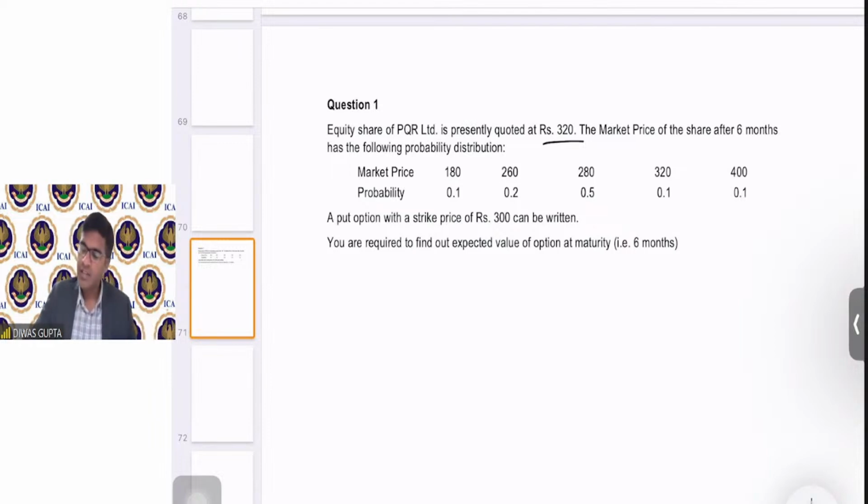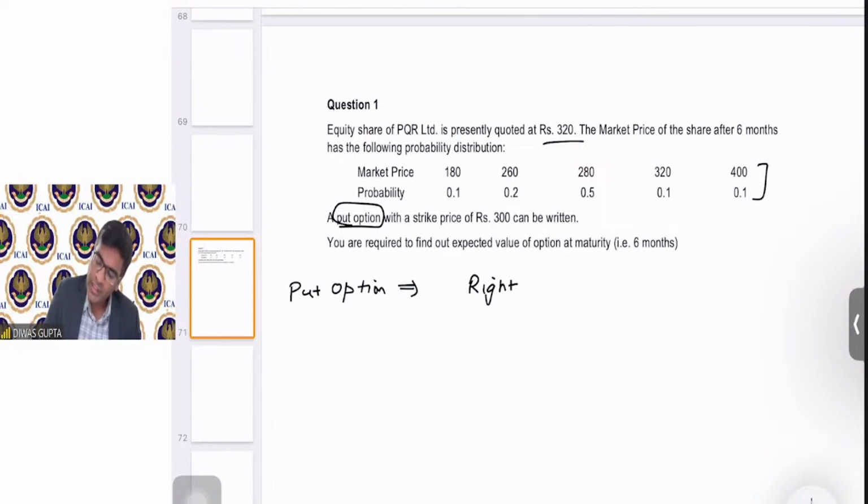So they have given us the market price and probability. The put option. Now, students, please see there is a put option. Whenever there is a term called put option, all of you should think that the question is talking about a right to sell. We have to be clear in our mind that the question is talking about the right to sell.